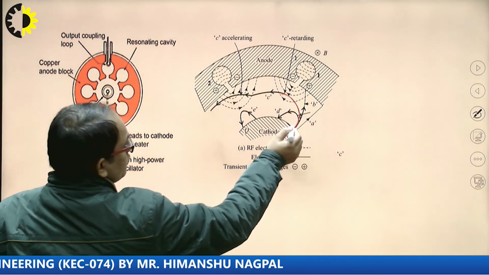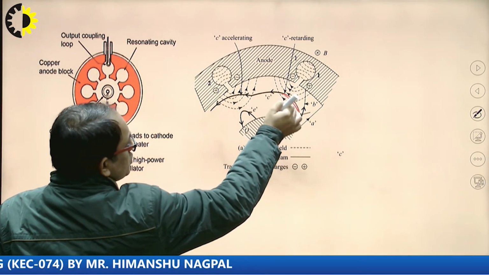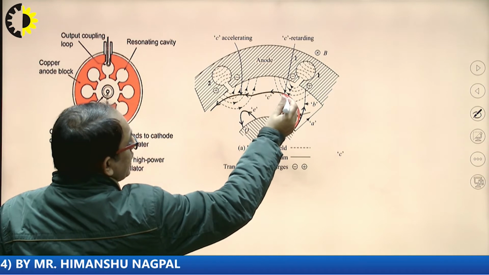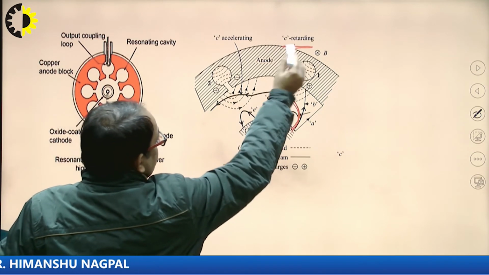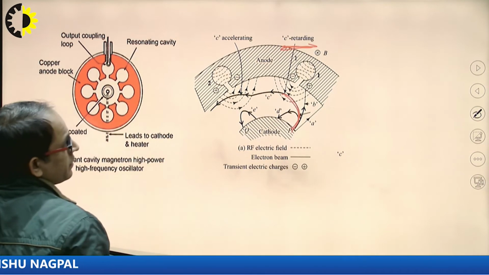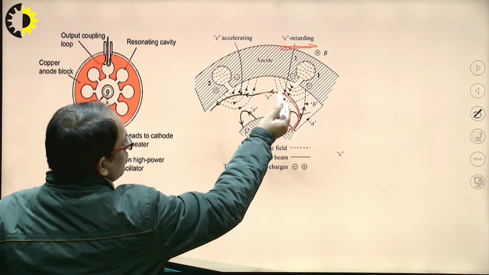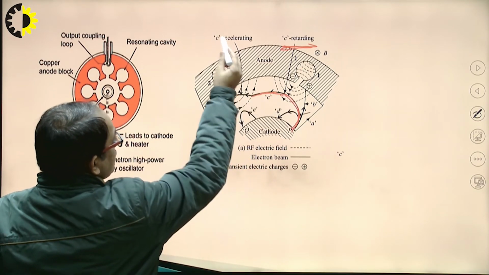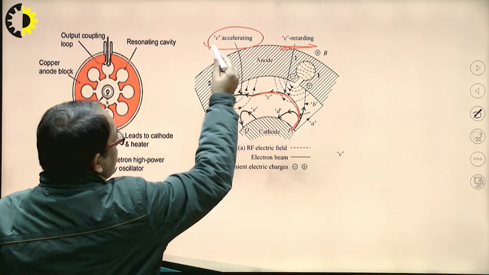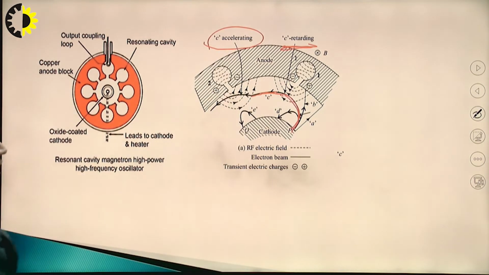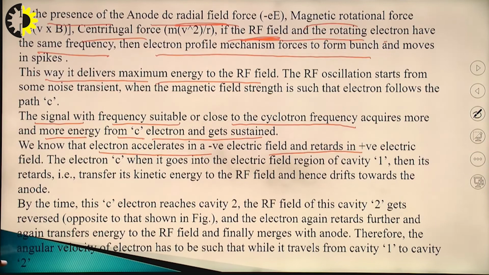This path C will be retarded, the electron speed will be retarded. Clear? Now on going further, this retarding field will be accelerating. So accelerating and decelerating creates a bunch.